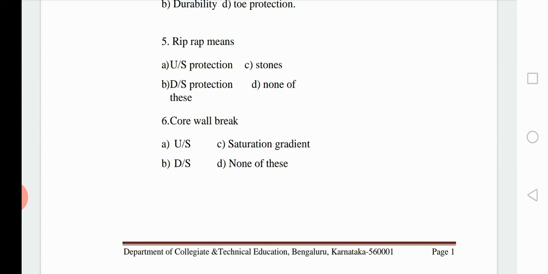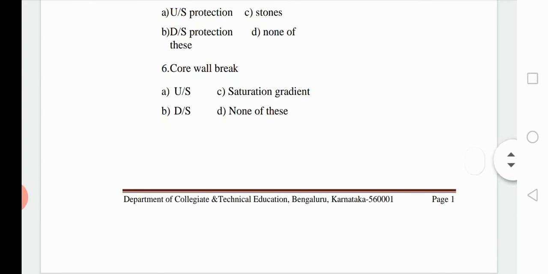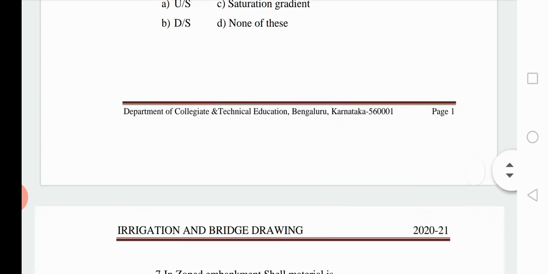The answer is upstream protection. The sixth one: core wall break, options are upstream, downstream, saturation gradient, none of these. The answer is saturation gradient.